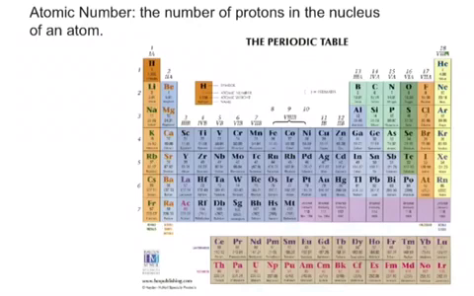For example, helium, number 2 on the periodic table, has an atomic number of 2, which means it will have 2 protons in its nucleus. Sulfur, number 16 on the periodic table, will have an atomic number of 16, and therefore 16 protons in its nucleus. Sodium, number 11 on the periodic table, will have an atomic number of 11, and therefore 11 protons in its nucleus.